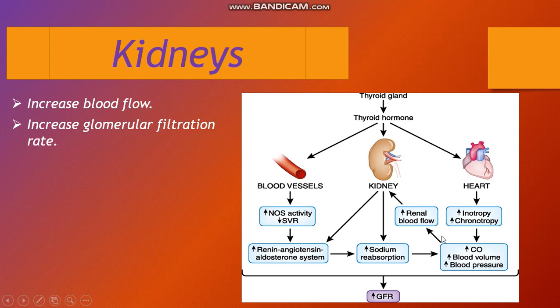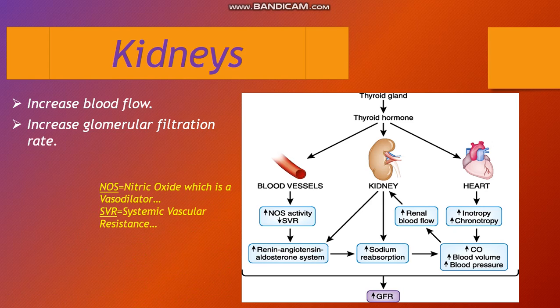And if all is increased, then renal blood flow is increased, then sodium reabsorption is increased, GFR is increased. And thyroid hormone causes the blood vessels to increase nitric oxide activity, and the renin-angiotensin mechanism. You're looking at increased blood flow, increased glomerular filtration rate, nitric oxide, which is a vasodilator, and systemic vascular resistance.